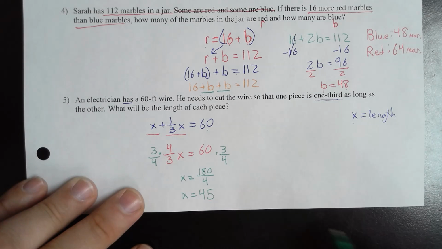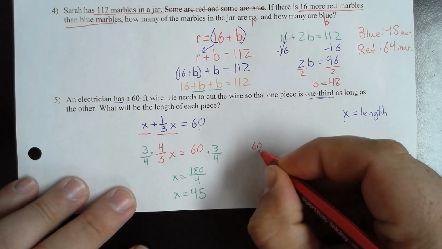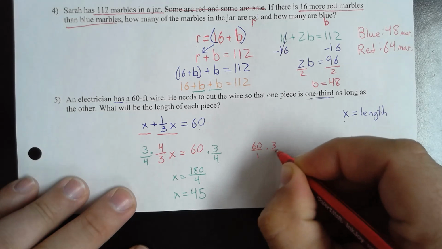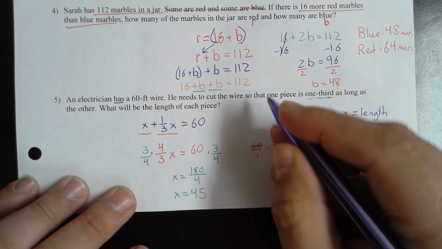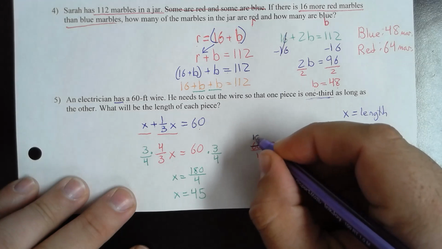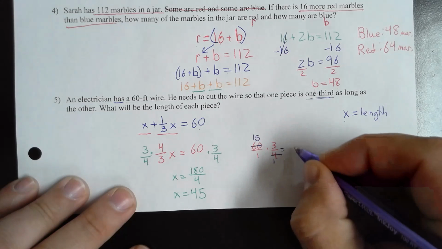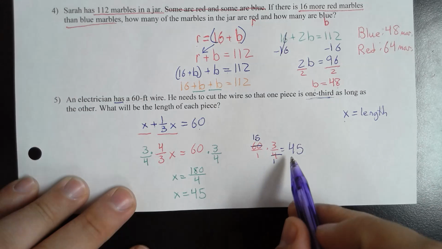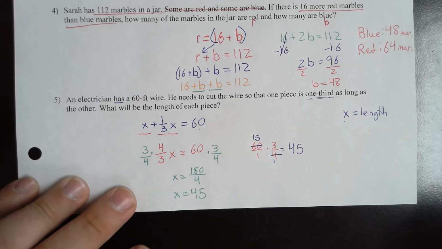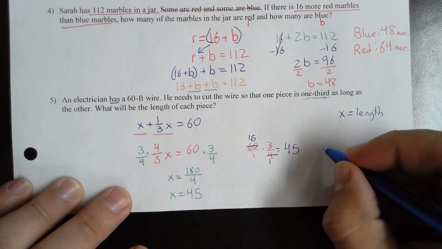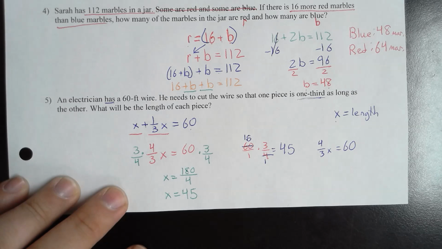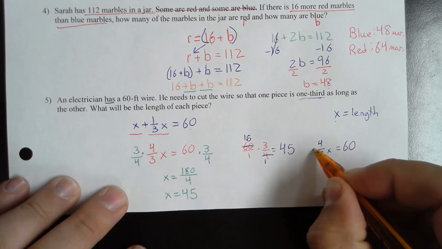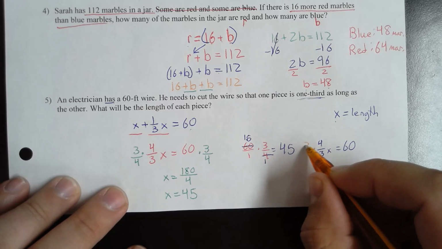Okay? There are other ways you could have finished solving that. You could have done cross cancellation. 4 goes into 4 once, 4 goes into 60 15 times. So then 15 times 3 gets us 45. You could have also, when we had 4/3 x equals 60, multiplied by 3 to get rid of the fraction.